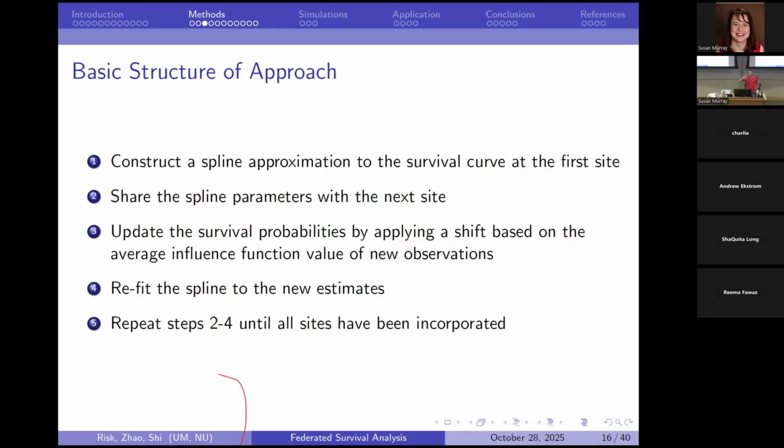So we can add more knots to the spline, we can add more degrees of freedom, so we get a closer and closer approximation to the true curve. That's not something that you can do if you're using a traditional form of parametric federated estimation, because then you need a fixed Hessian matrix with a fixed number of parameters at the first site.